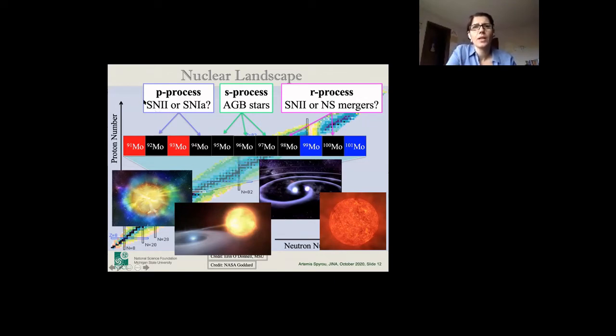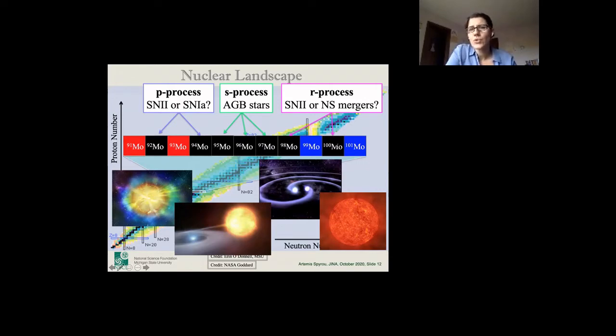So for example, the most proton-rich ones, 92 and 94, are most probably formed in some kind of supernova. I have here type 2 or type 1a, it doesn't matter, but it's some kind of supernova. These middle ones are formed in AGB stars, most probably. I think this is probably something that we know pretty well.